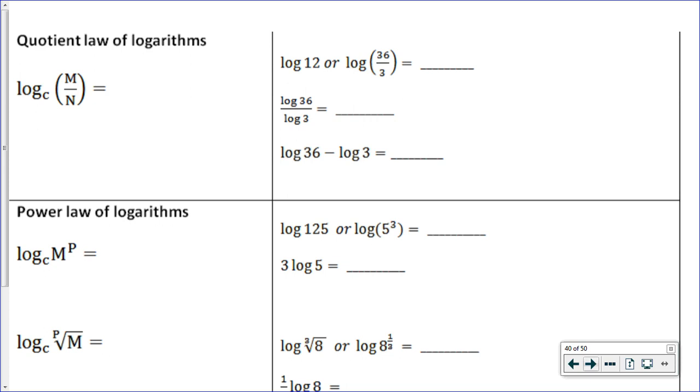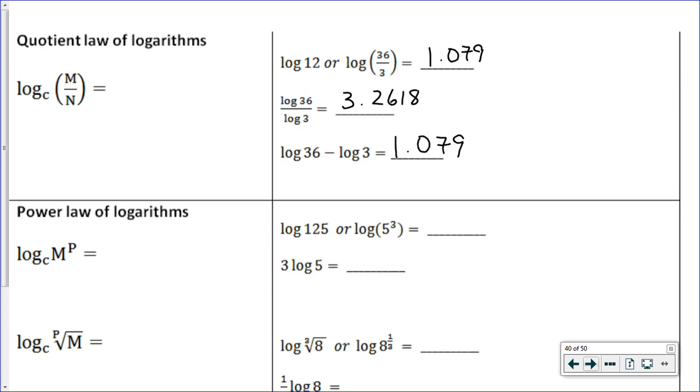All right, next up, we have the quotient law of logarithms. And maybe I'll just do these calculations for you to save some time. This turns out to be 1.079. This is 3.2618. And down here, also 1.079.